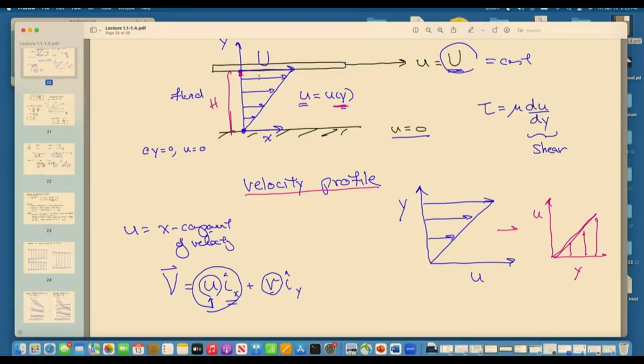No. Because what we're looking at, remember, is a plot of little u as a function of y. So it's actually y versus little u. But if you want to look at the derivative and the slope, or the magnitude of the shear, what you want to plot is u versus y.